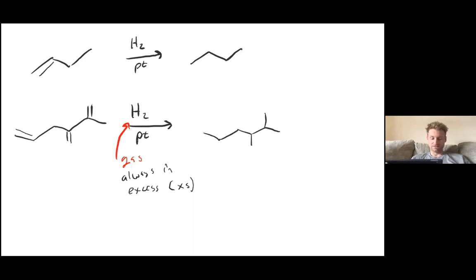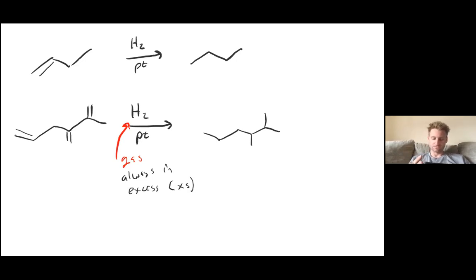Technically, this adds in a syn fashion, but because you pretty much always end up with at least one achiral center, it's not something I'm going to focus on for this class, especially considering that this section is mostly a review. So H2 lets us reduce double bonds. We'll talk a little bit later about how if you had a carbonyl, you could reduce it down to an alcohol and things like that, but that's not for today.